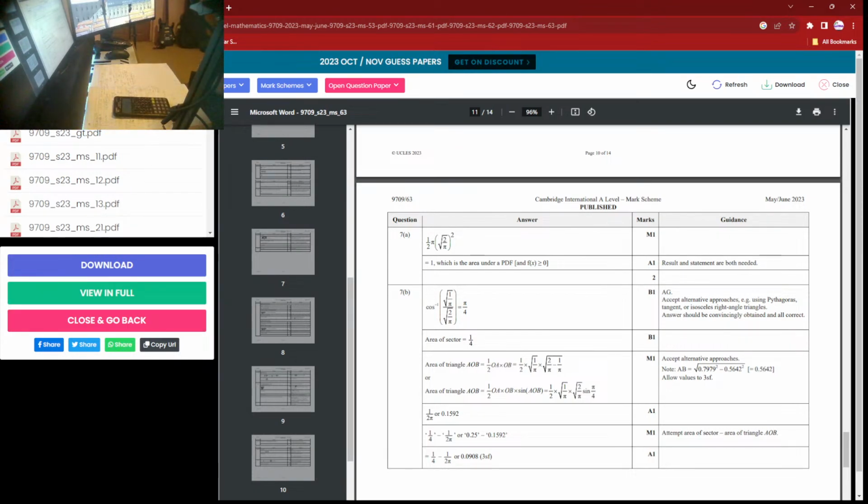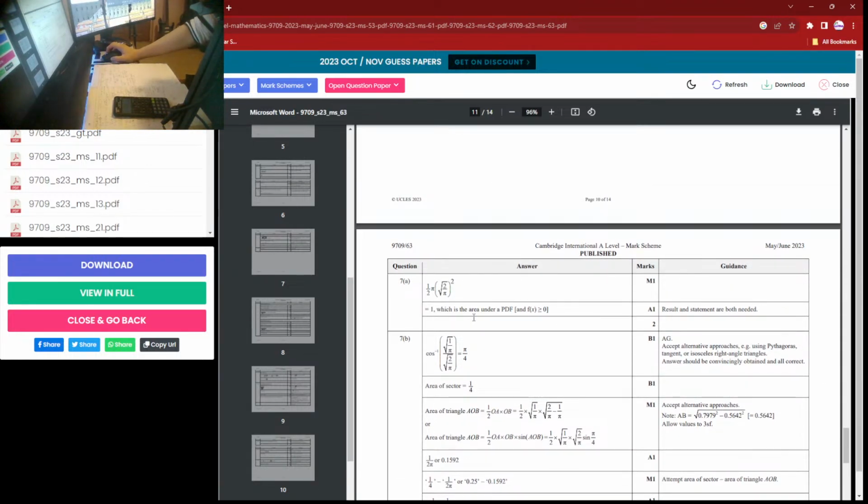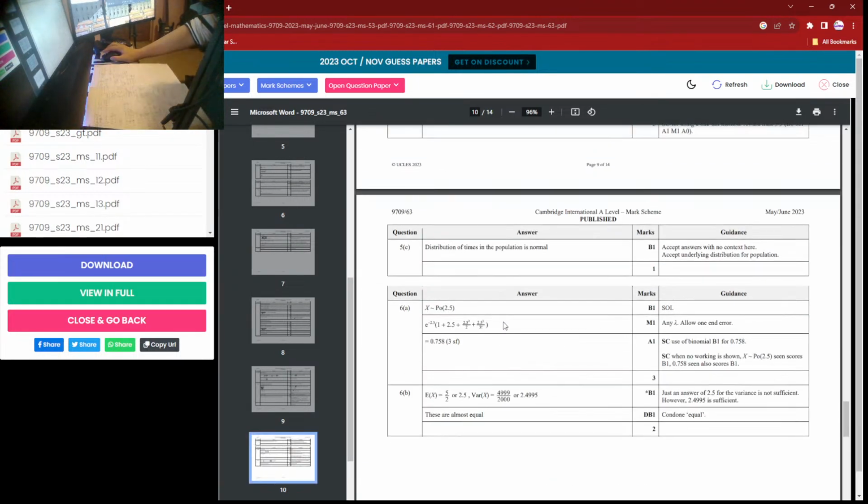It's 1/2 pi or that. Okay, I was confused here. Okay, 6b. They're almost equal. Oh shoot. They are almost equal.